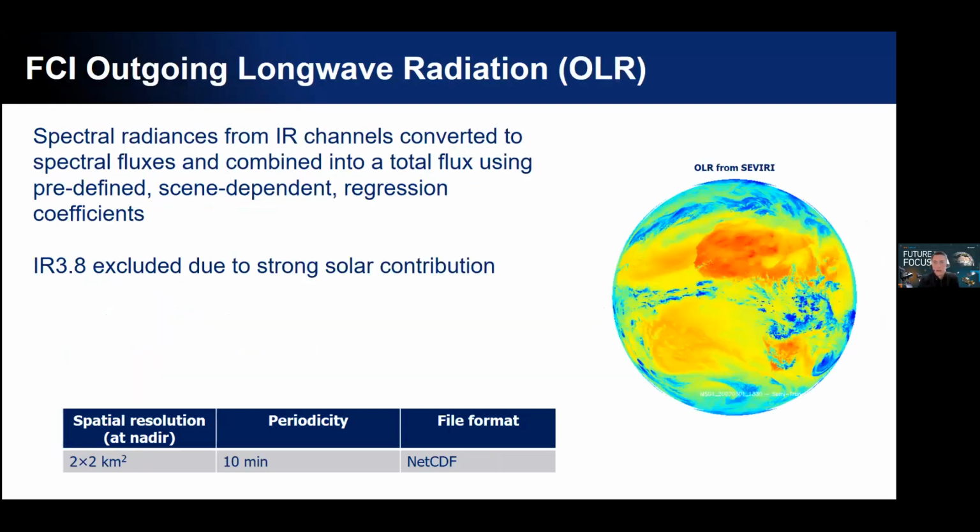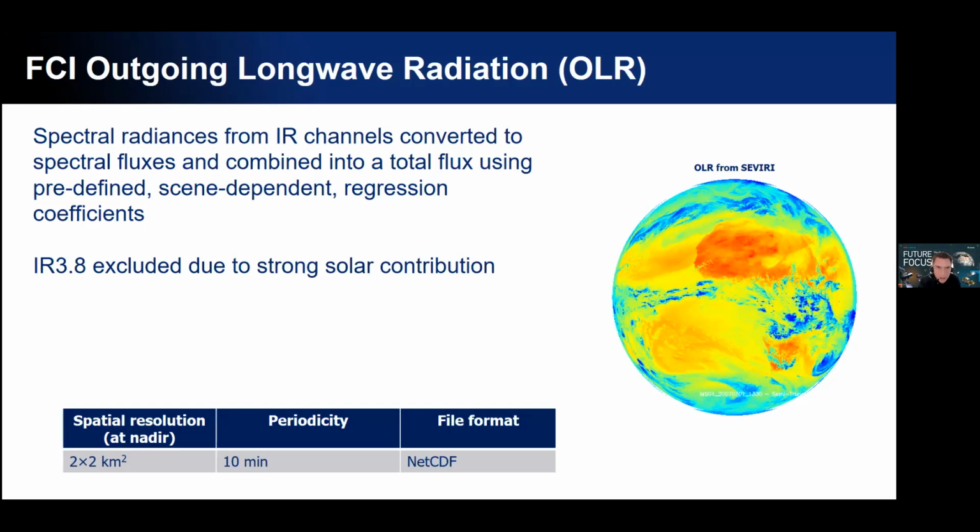Okay, and then new for FCI is the outgoing longwave radiation. So this is essentially the spectral radiances that we have from the infrared channels that we convert to spectral fluxes, and then these are combined into a total flux. So you get the total outgoing longwave radiation that is emitted by the Earth system.